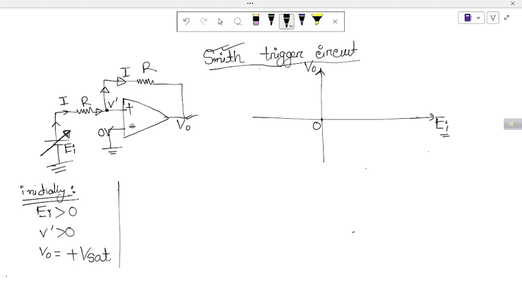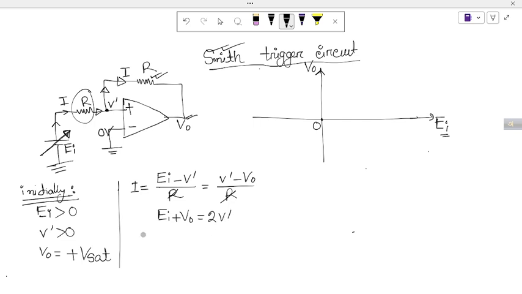For this resistor, using Ohm's law, I can write (EI minus V prime) divided by R. And for this resistor, using Ohm's law, I can write (V prime minus V naught) divided by R. So R cancels, and EI plus V naught is equal to 2 V prime. Then V prime is equal to half of (EI plus V naught).